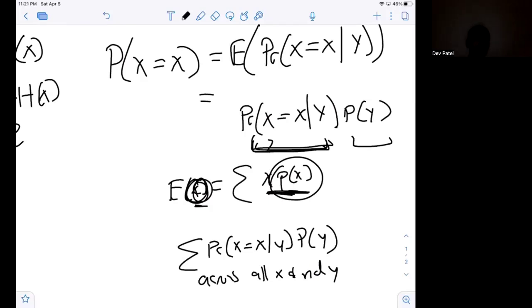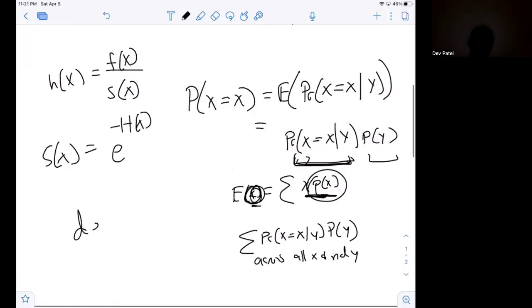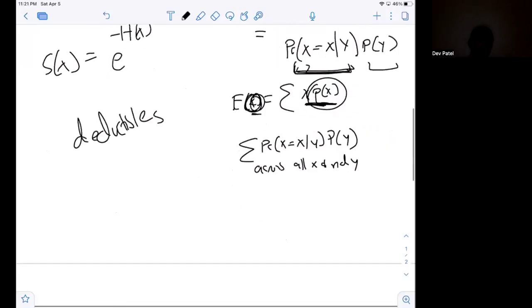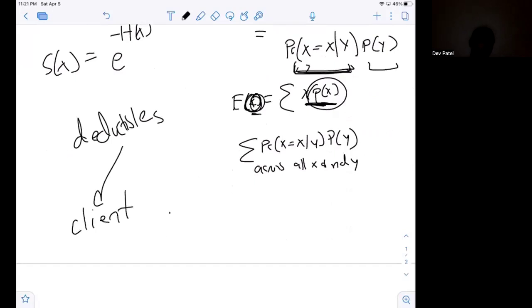Now, let's think about deductibles and how we can interpret them in an integral format. In the case of the client, they pay everything up to the deductible, and then the insurer takes everything after the deductible, unless there is some policy limit.